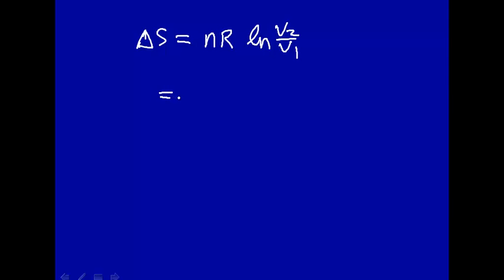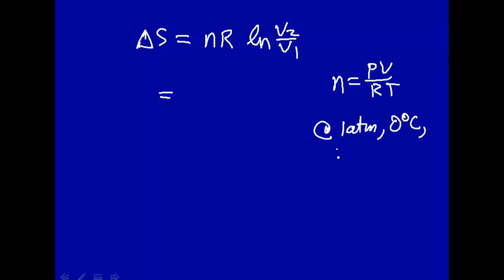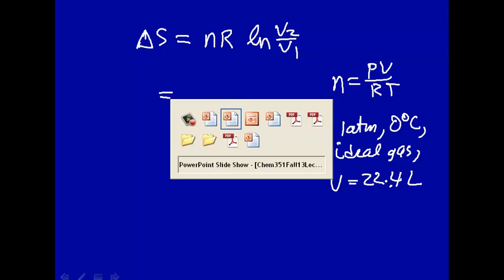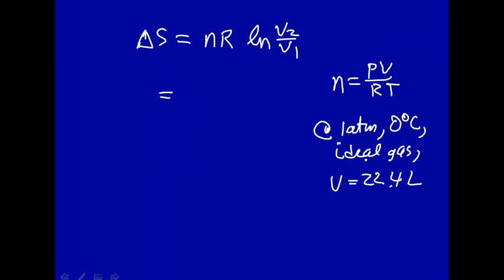How many moles do we have? Well, you can say n is equal to PV over RT, but you can also remember that at 1 atmosphere and 0 degrees C, for an ideal gas, the volume is equal to 22.4 liters per mole. Sorry, go back up here.